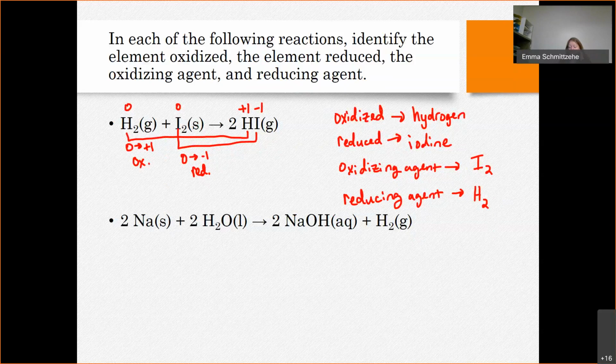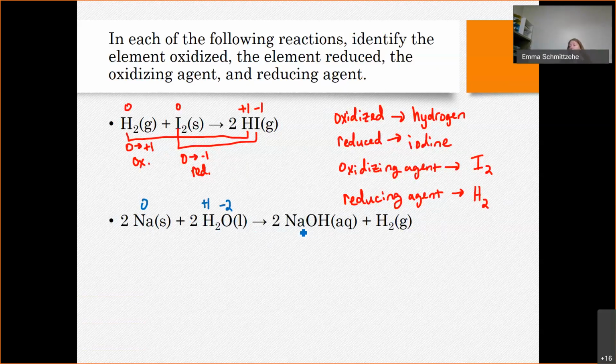Okay, now we go to the next one. Let me change my pen since I'm going to be overlapping a little bit almost. Okay, so we've got sodium by itself and neutral, so that's 0. And then in H2O, we have +1 for H because it's with a non-metal, and -2 for oxygen, and that does all sum to 0 because you have 2 +1s and 1 -2.